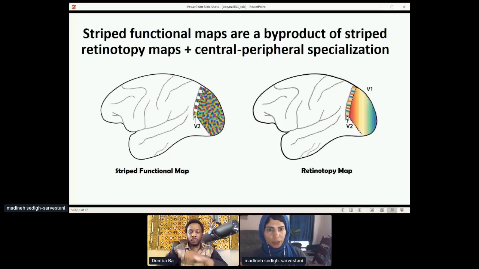It's striped, resulting from a sinusoidal transform of the visual field. And so these striped functional domains are really reflecting a striped retinotopic map together with central and peripheral portions of the map having different feature sensitivities.